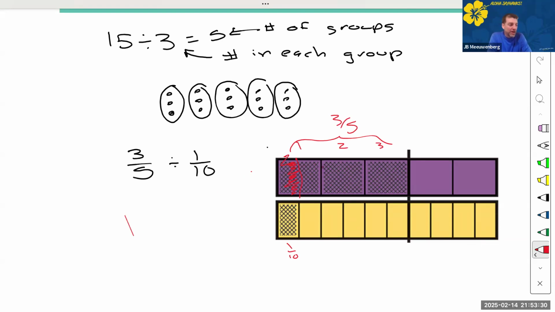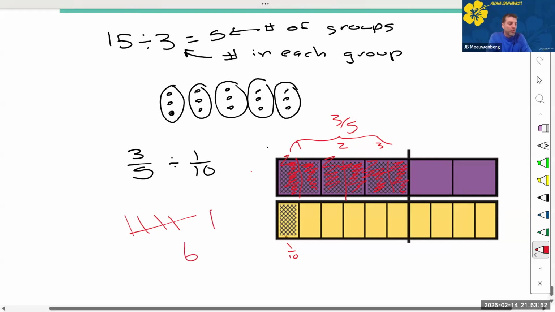And then we take another tenth away right here. There's another one. Take away another here. Another here. We're up to 4. Another here. 5. And another here. 6. We can use that subtractive principle to see that 3/5 divided by 1/10 is equal to 6. 1/10 fits into 3/5 6 times.